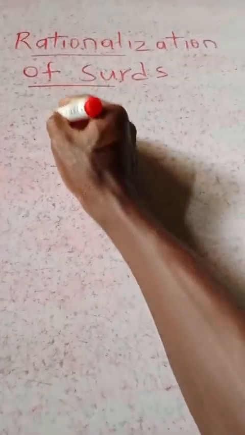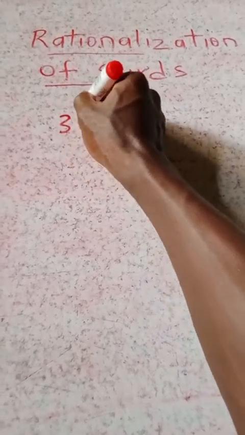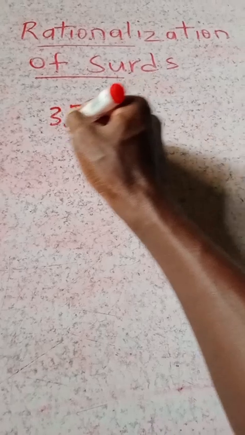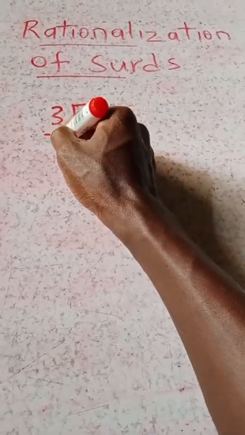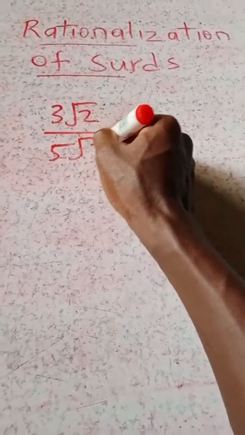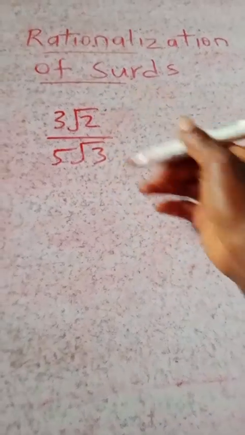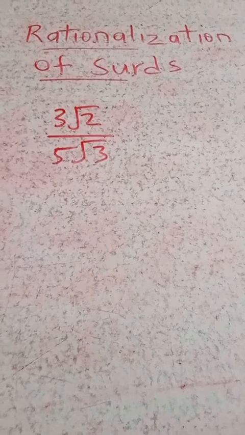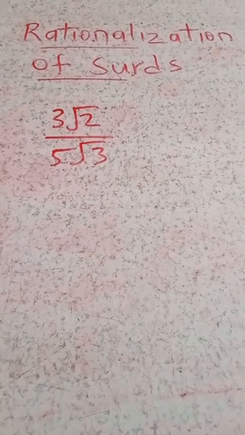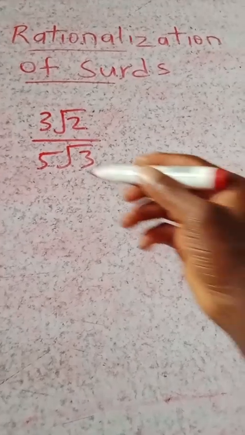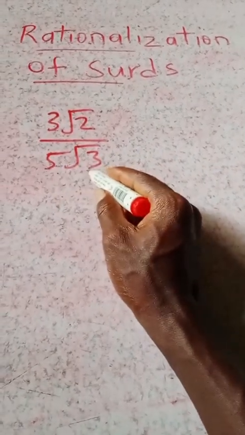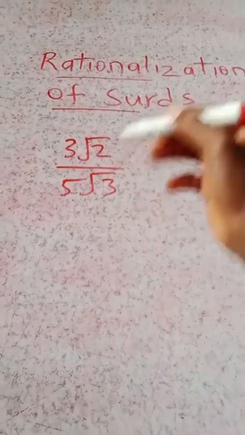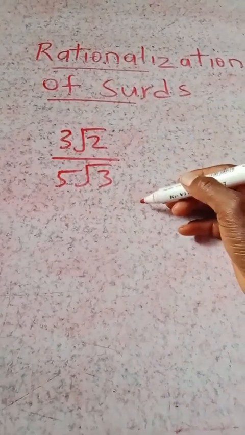Again, if you have a question like this, say 3 root 2 all over 5 root 3, and you are asked to rationalize this, I told us that before you rationalize, the denominator has to be with root. So we are going to use the denominator with root to multiply the numerator and also the denominator.